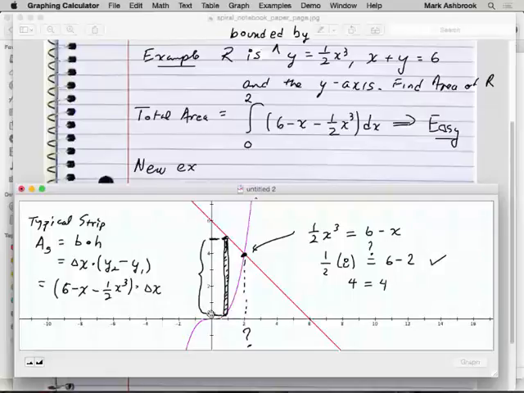Do you see it? So it's the y coordinate of the straight line minus the y coordinate of the curve that will give you the height of that rectangle. Okay, last chance for questions.